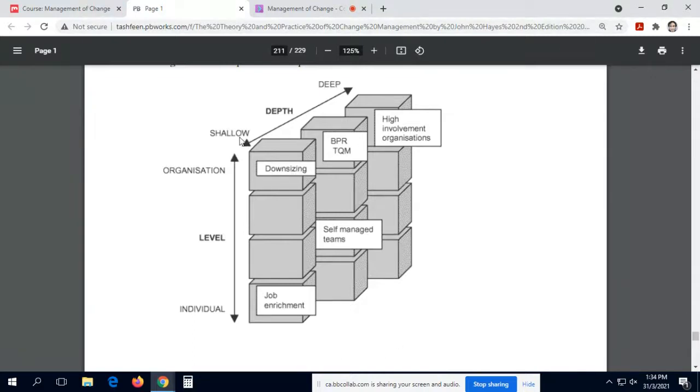Yeah. And then you can think, in the last picture the depth was somewhere at the bottom. In this picture, they have it on the top, so nothing to really worry about. So downsizing would be a relatively easy practice. It's not easy per se, because downsizing has many implications on jobs.